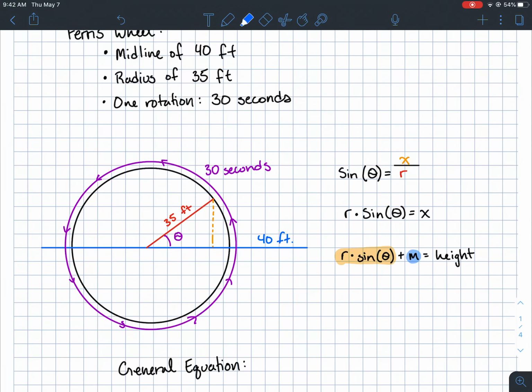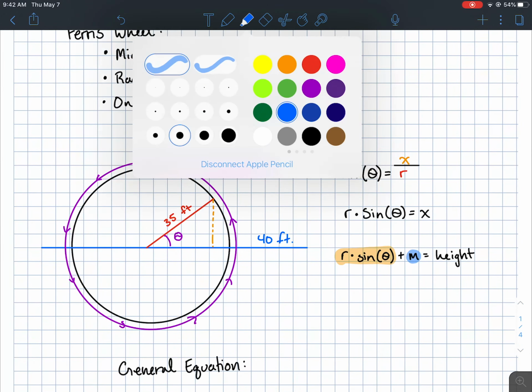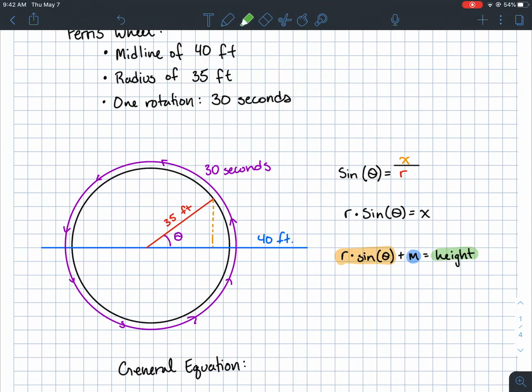Then we add our midline, and that gives us the total height. So the one thing we need to look for now is this unknown. And that is, what is our angle going to be?